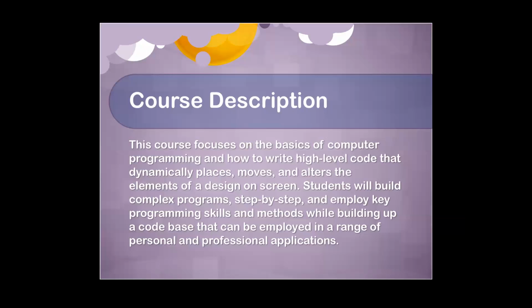So it does talk about how to write high-level code that dynamically places, moves, and alters the elements of a design on a screen. But we just have to remember that if we're using code snippets, then we are taking advantage of what someone else has used. And it's kind of an interesting conversation, because on one hand we say, well, we really don't want to take advantage and copy the work, like the images that somebody else has created, unless we just kind of want to start from scratch if we're creating images and assets.